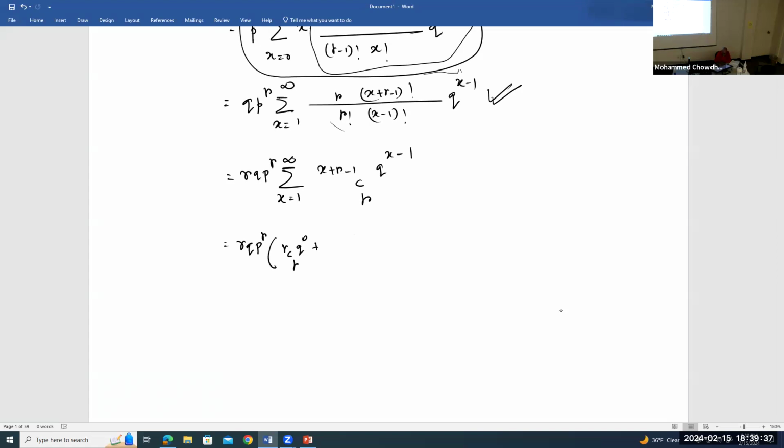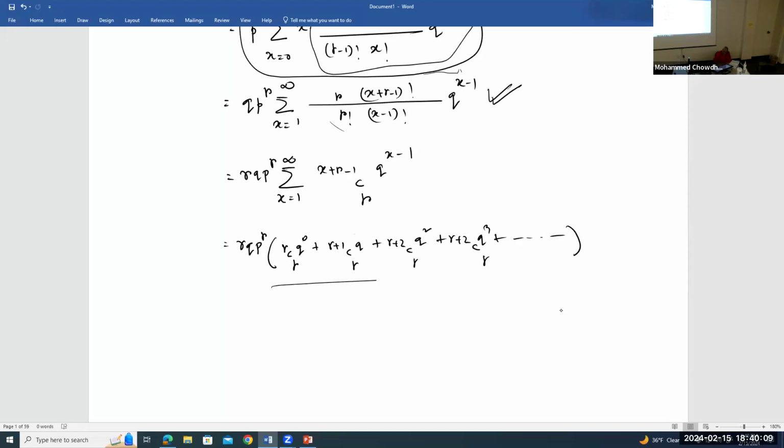And if I plug 2 here, then (r plus 1 choose r) q, (r plus 2 choose r) q squared, (r plus 3 choose r) q cubed, and so on. Clear? If you just plug the values of x.